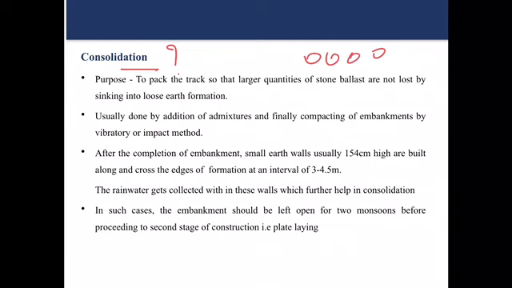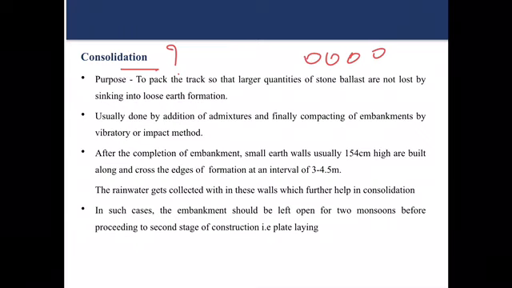Any rainwater that gets collected is diverted through the nearest side drain, which further helps in the consolidation. When such methods are adopted, the embankment should be left open for 2 to 3 monsoons before proceeding with the next stage of construction.